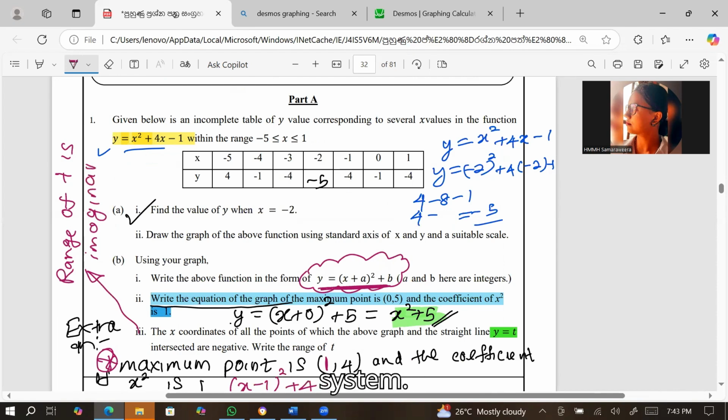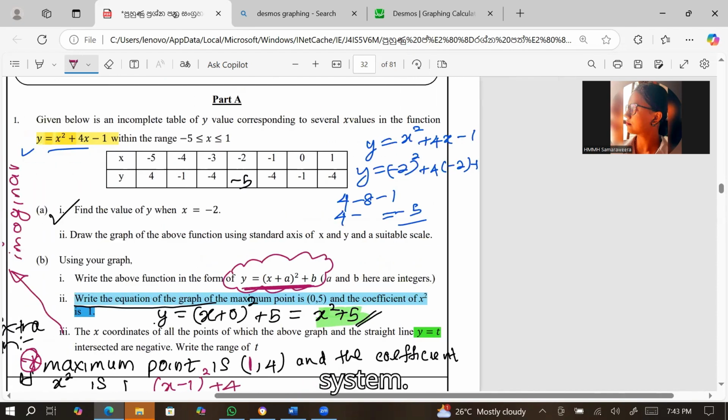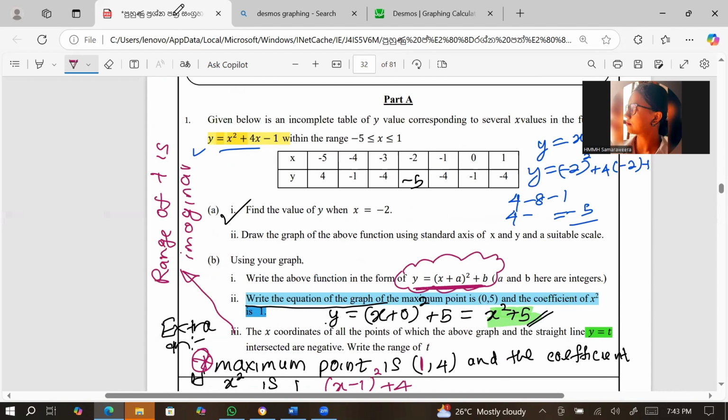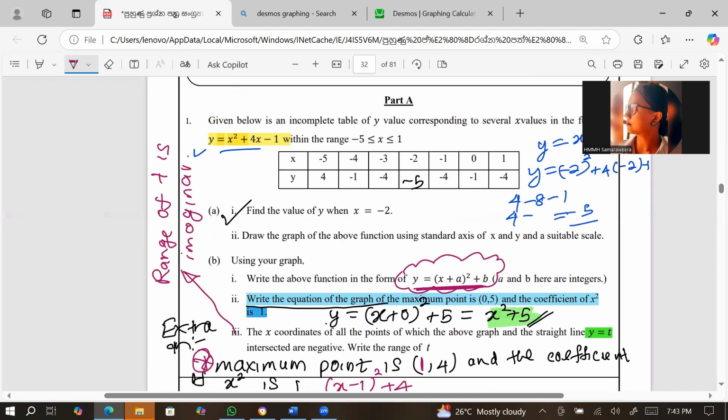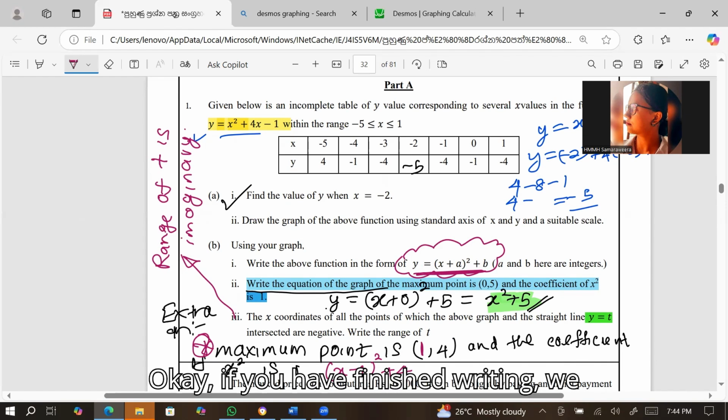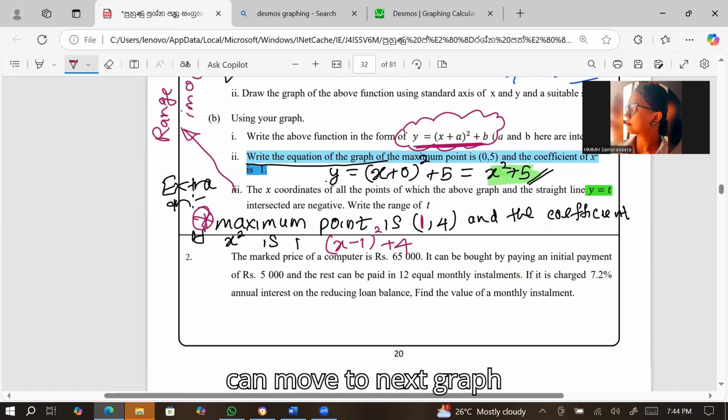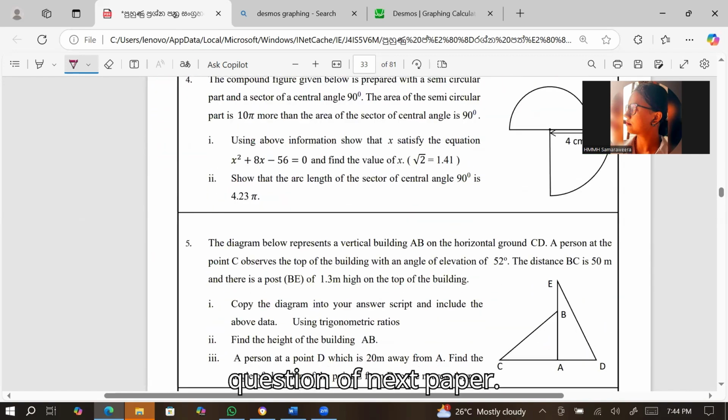That means those values are not in the real number system, okay? Range of t is imaginary. If you have finished writing, let me know. Then we can move to the next graph question of the next paper.